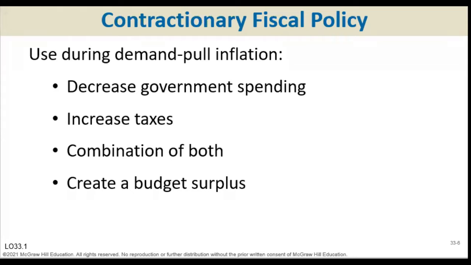So the government will want to use the tool to decrease government spending or increase taxes, to cause aggregate demand to fall. When government uses contractionary fiscal policy, it will create a surplus.